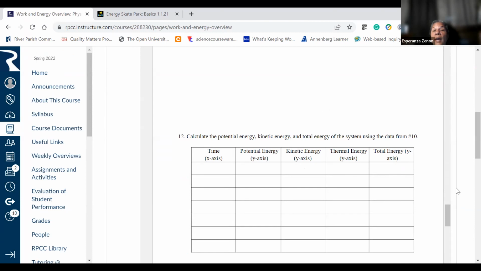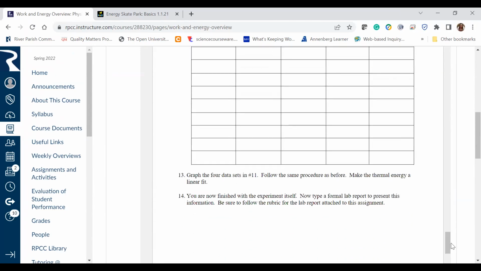So you should only have 2 graphs, but you'll have maybe the potential energy in red, kinetic energy in blue, thermal energy in black or green or whatever, different colors to show that you're plotting these different values but on the same graph. Does that make sense to you? Yes, ma'am. Okay. All right.